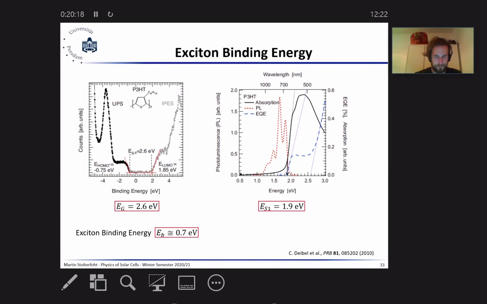Okay. This is a slide that shows the binding energy of the exciton. So this is quite interesting.